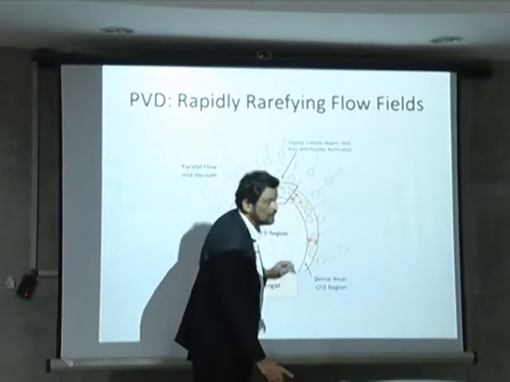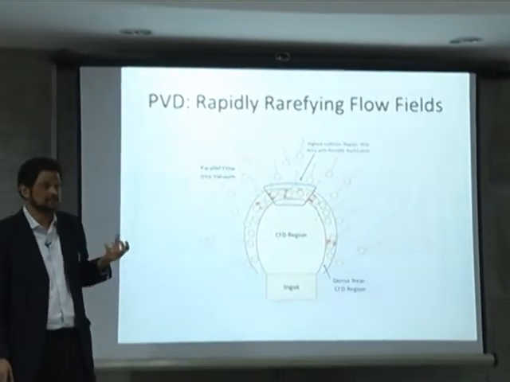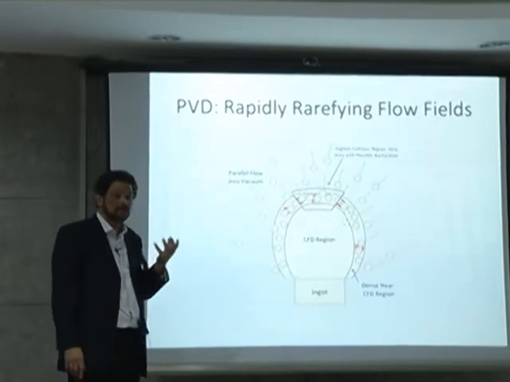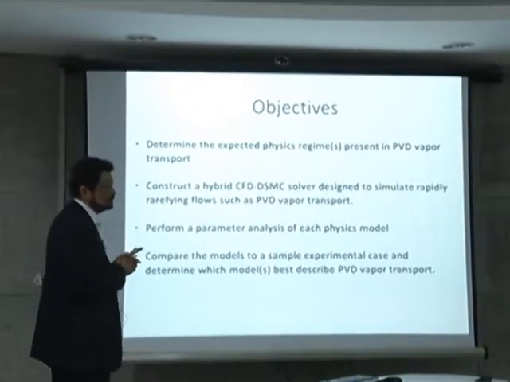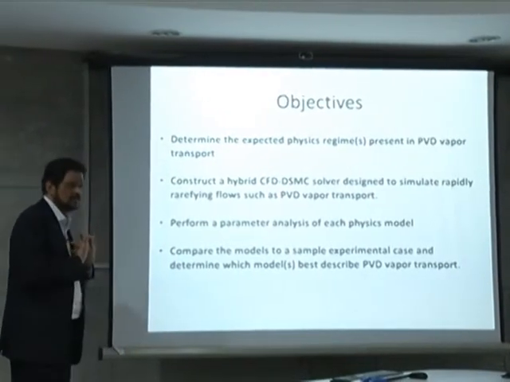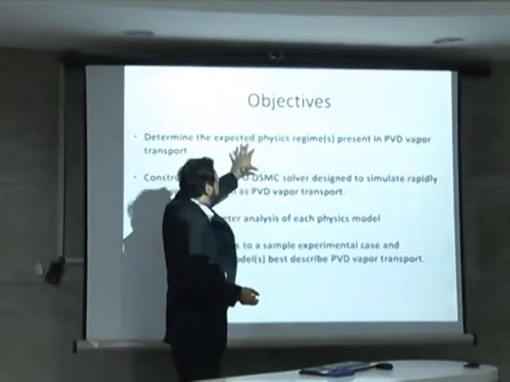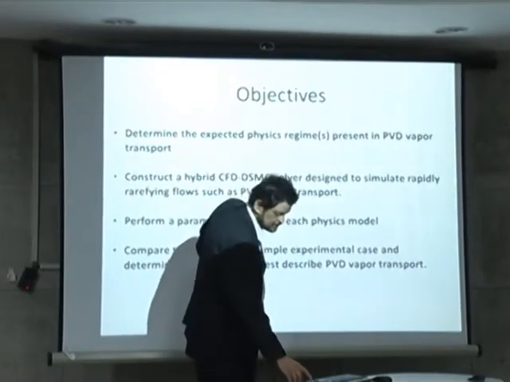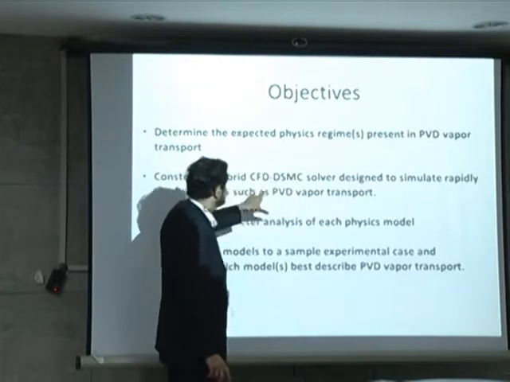Right? So this model is going to involve a lot of physics, because you're going to the atomic scale or molecular scale or particle scale. The objective of our work, this is my PhD student's work, was that first of all, find out what different types of regions there are, and then apply different models.